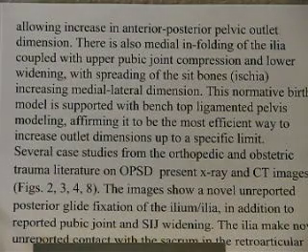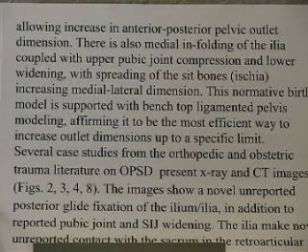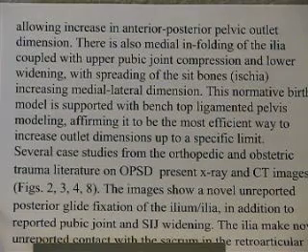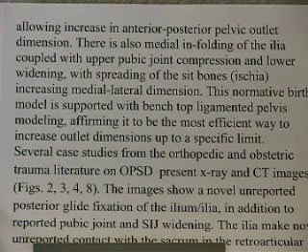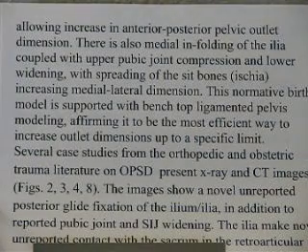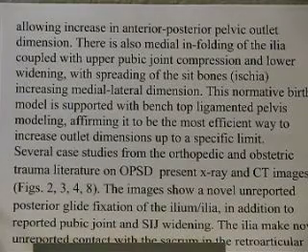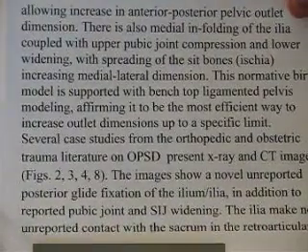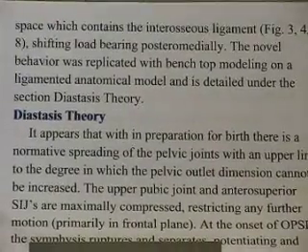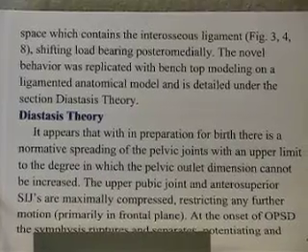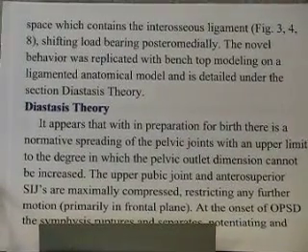The images show a novel, unreported posterior glide fixation of the ilium or ilia, in addition to the reported pubic joint and sacroiliac joint widening. The ilia make novel, unreported contact with the sacrum in the retroarticular space, which contains the interosseous ligament. I'll review those figures with you in a little while.